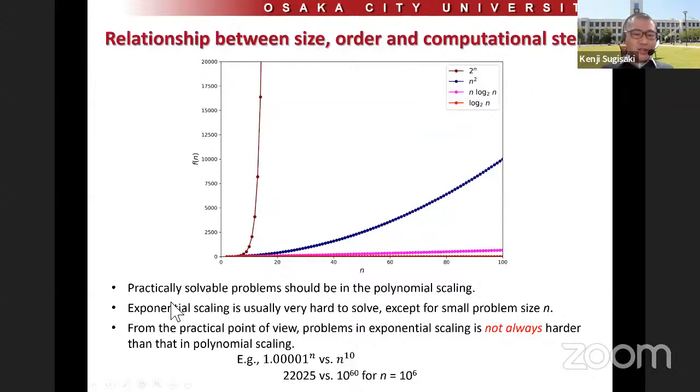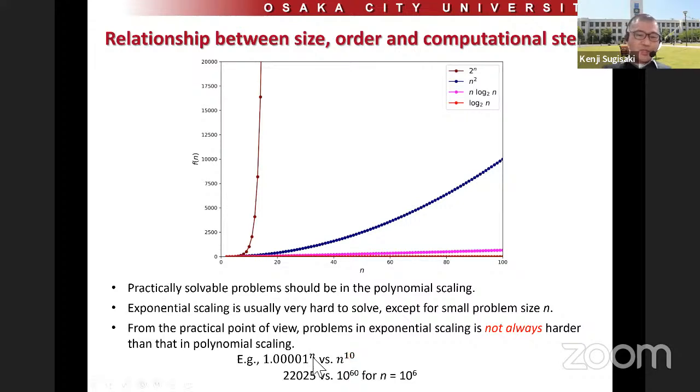So exponential scaling is usually very hard to solve, except for small problems. But the important thing is that from the practical point of view, a problem in exponential scaling is not always harder than one in polynomial scaling.